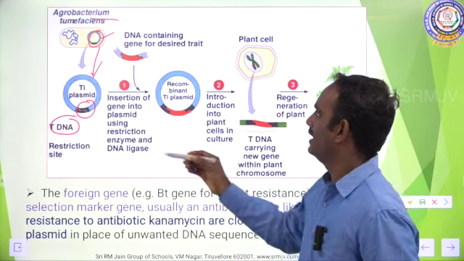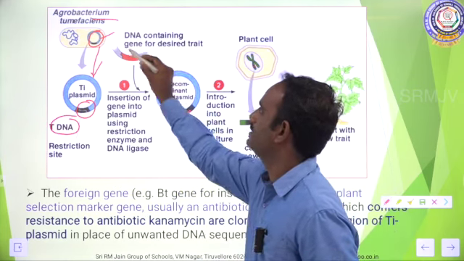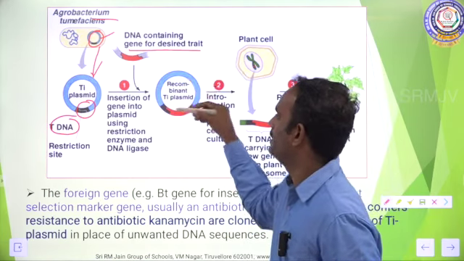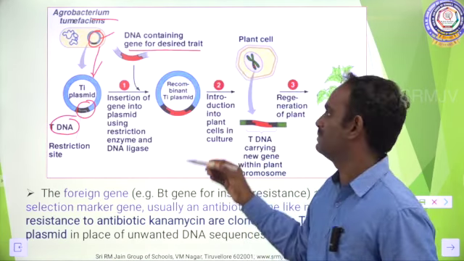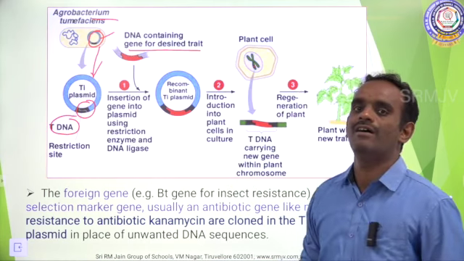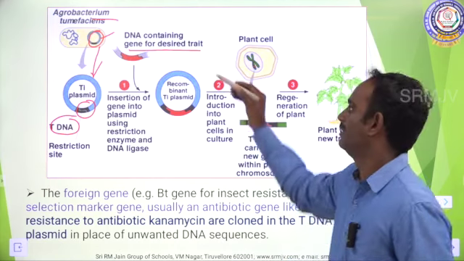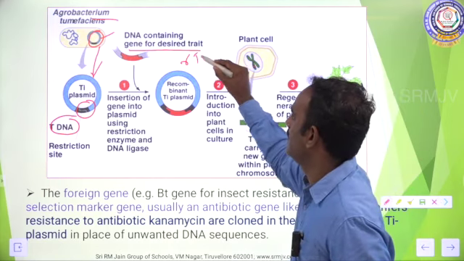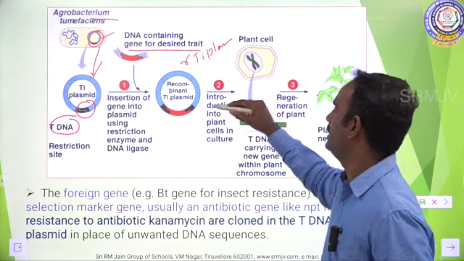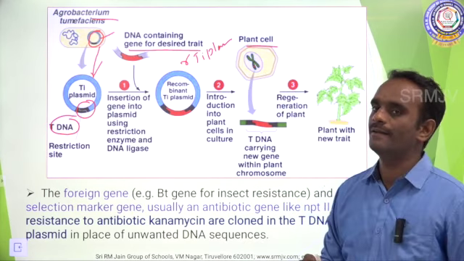Clear? And then the DNA containing the gene for the desired character has to be combined with this Ti plasmid. Now we are getting a recombinant Ti plasmid. Okay. And this has to be introduced into the plant cell.